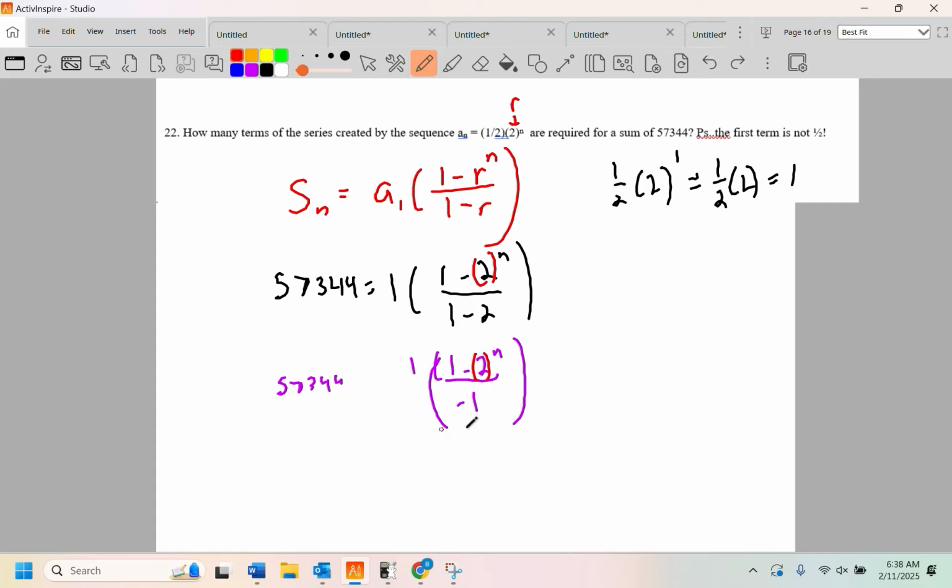So this is going to give me negative 1 plus 2 to the n equal to 57,344. I'm going to add 1. This is why I'm having a problem here. 57,345 equals 2 to the n. I'm not going to get a whole number of this.